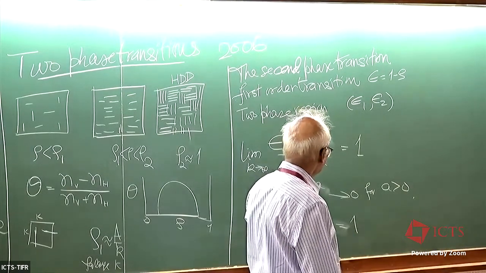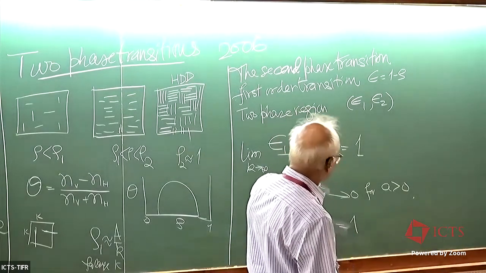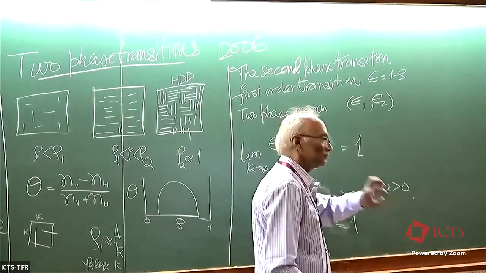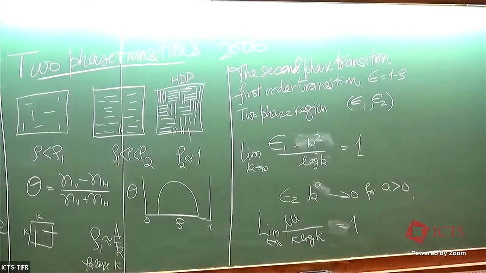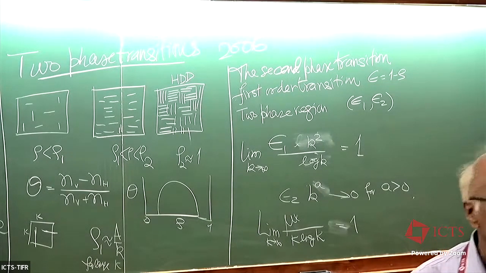It's interesting that one can actually determine the coefficient. There is a log k by k squared dependence, but usually it's hard to determine the coefficient. Here you can determine the coefficient, and it is 1, which is a simple number.